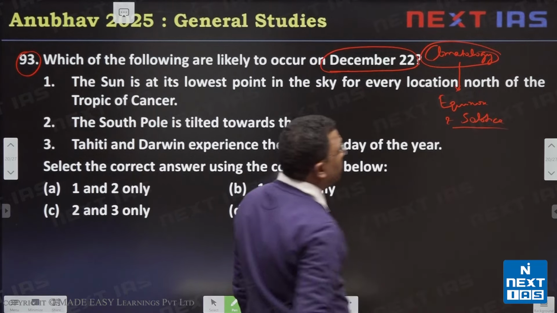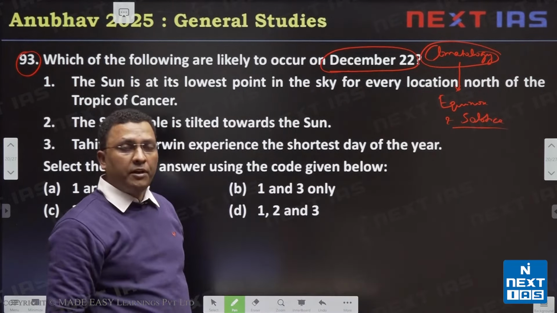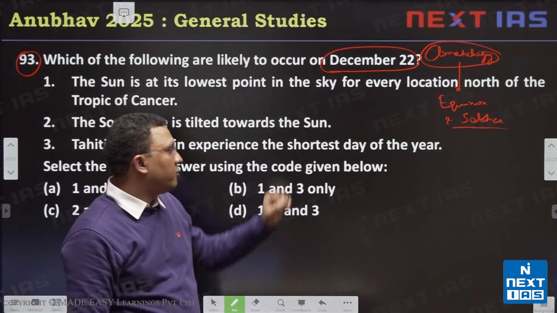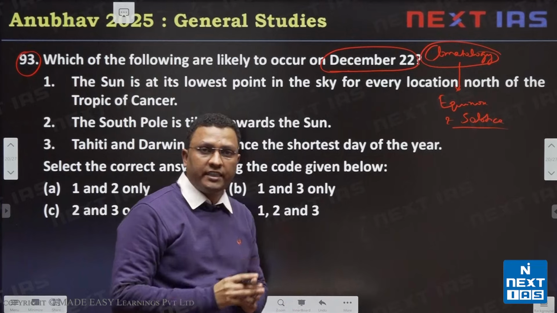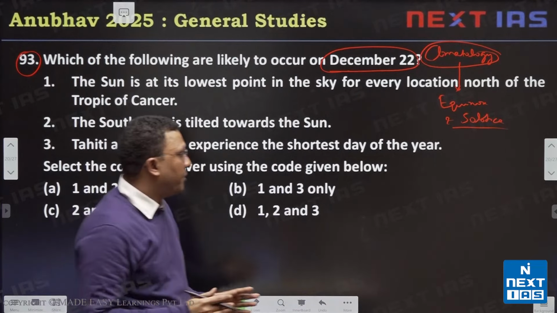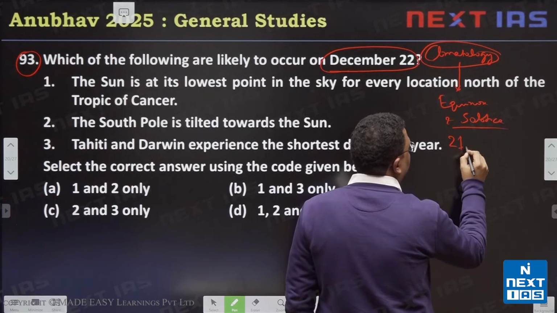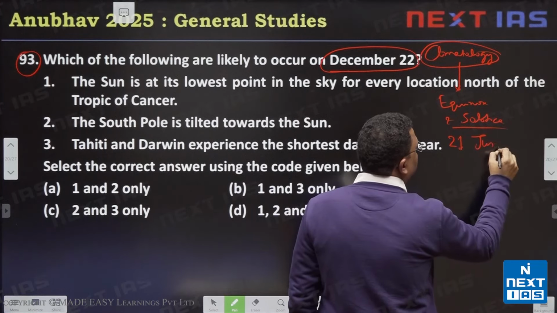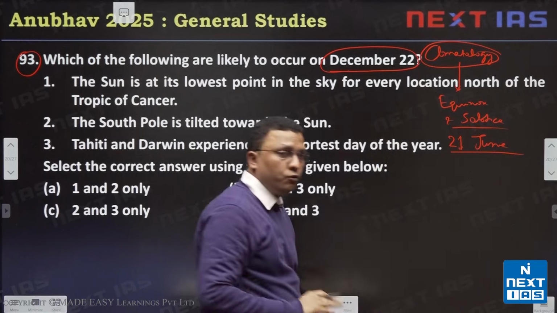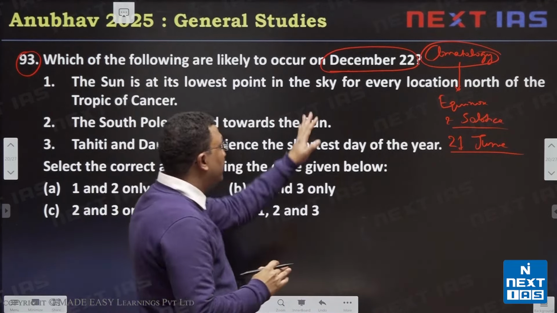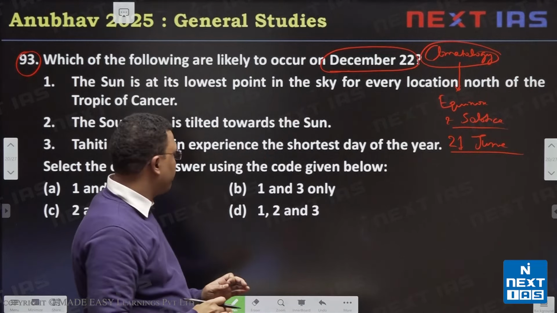If you observe the previous year questions from climatology, UPSC has been asking questions based on the concept of equinox and solstice very often, right? And particularly the concept based on the position of Sun and Earth on 21st June has been asked 4 to 5 times in the last 6-7 years, right? And that's why this question has been put in your test.